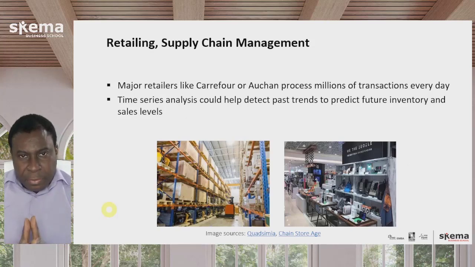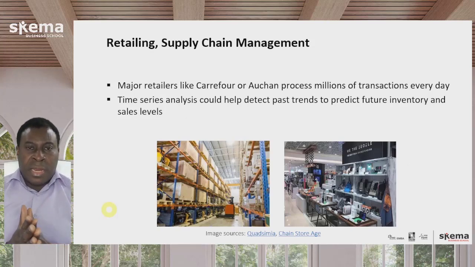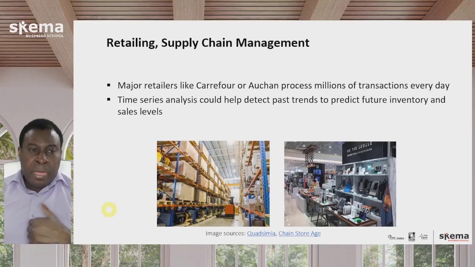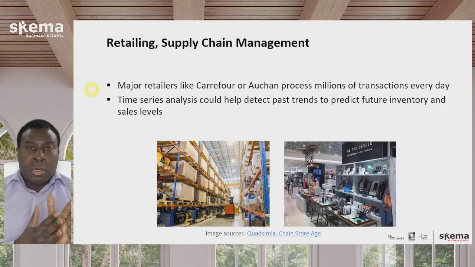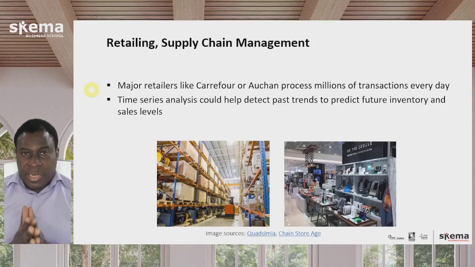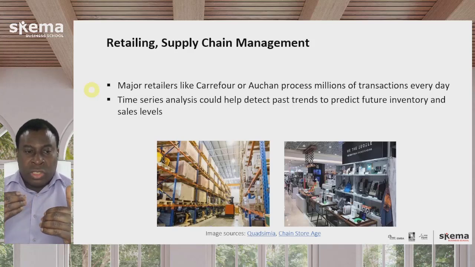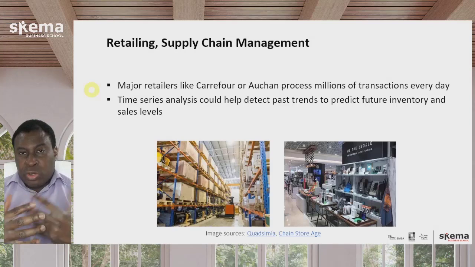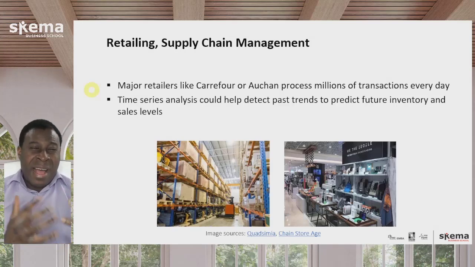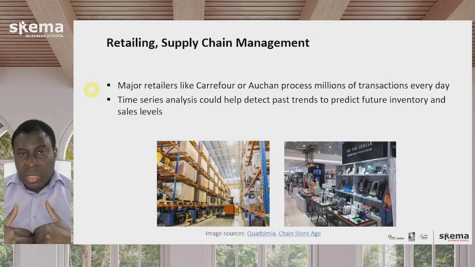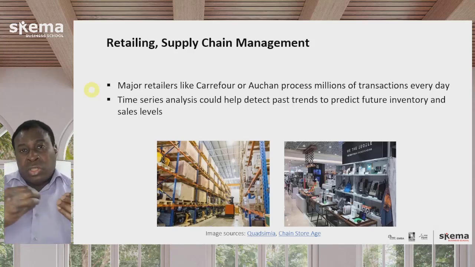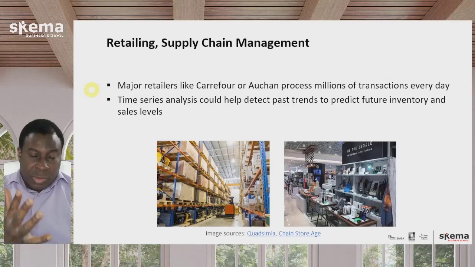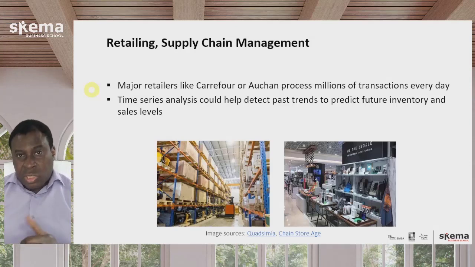Now, let me give some examples of time series analysis from a business perspective. So, major retailers such as Carrefour or Auchan process millions of transactions every day. Two key things that they're constantly predicting are how much inventory they need to stock in order to have enough products so that they don't run out, so that when customers want to buy things, they have things in stock.